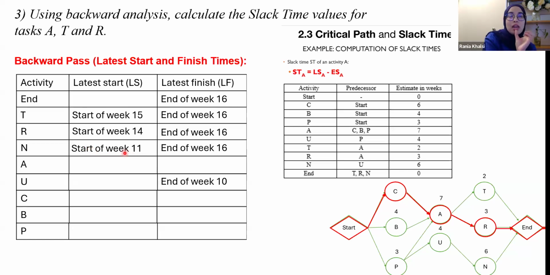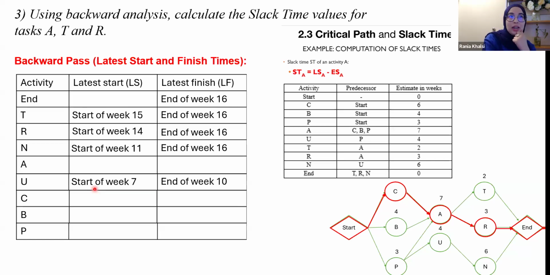So the activity that comes before that is supposed to finish at the end of week 10. At the start of week 11, N starts, and that preceding activity is activity U. So if activity U has a latest finish of the end of week 10, and it takes 4 weeks, counting back, the latest start for activity U is the start of week 7, okay?